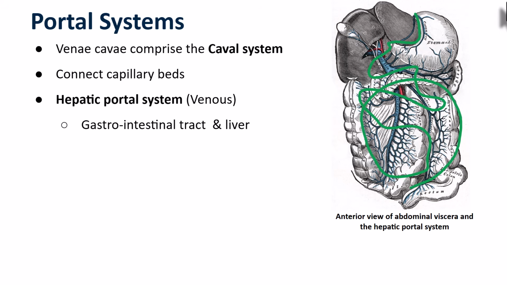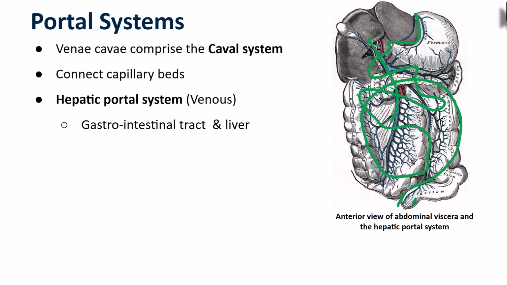So that would be the distal esophagus all the way down through the rectum, and it distributes it up to the sinusoids of the liver. And from the liver, then blood is returned to the caval system via hepatic veins.